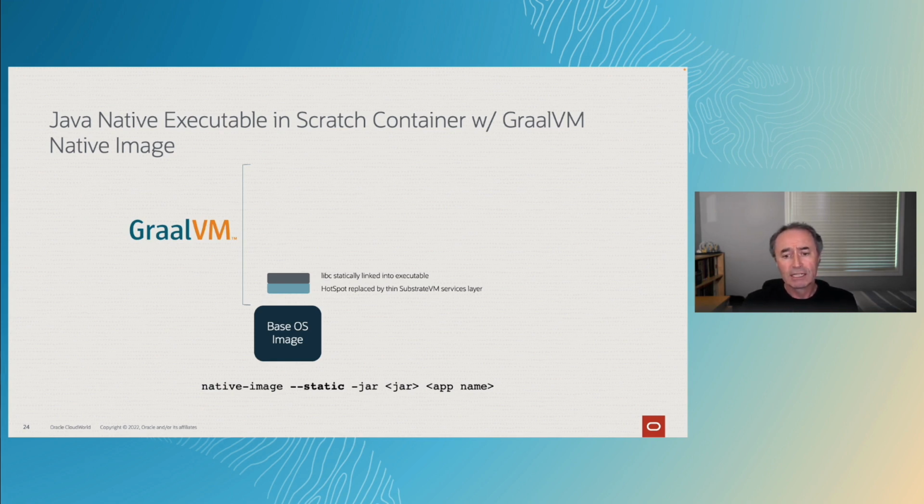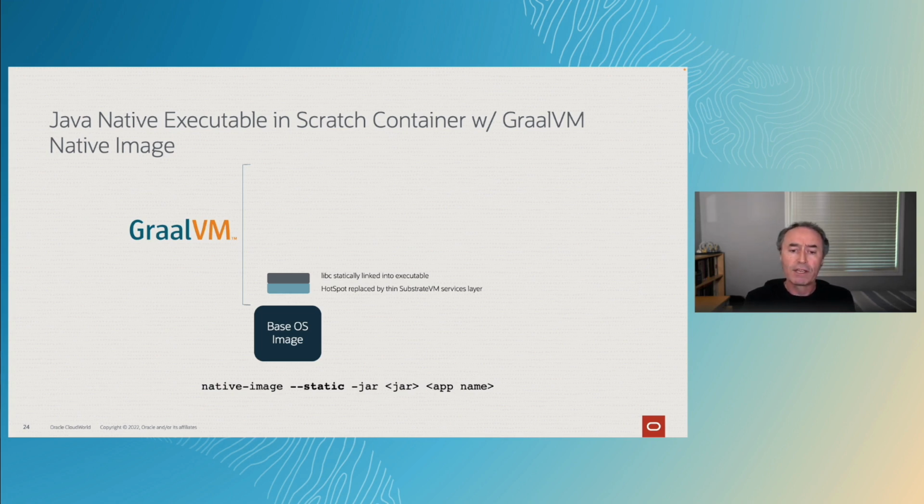If you deploy a typically compiled application that has shared libraries into a container image, that container image has to have those shared libraries available. And it may or may not, right? It's an issue. It's something you have to manage, something you have to deal with. If you statically link it, it means that all the libraries you need, when you build it, get basically embedded into the binary, so you have one binary. And that means you can go in and deploy this on much more interesting, thinner container images.